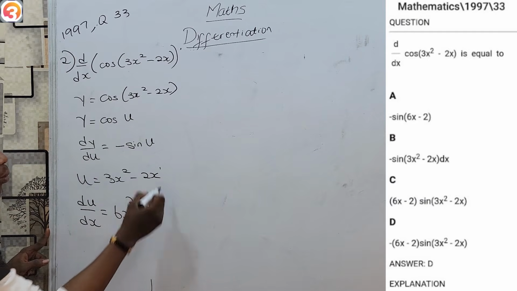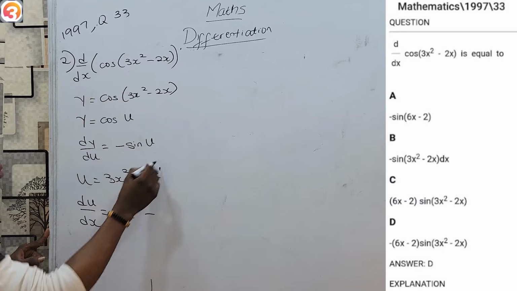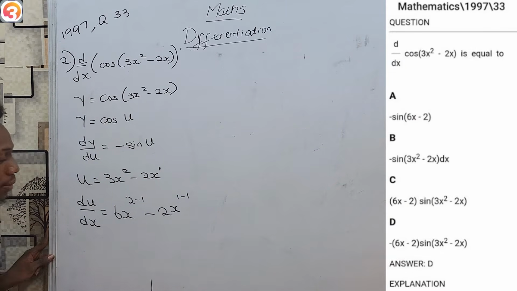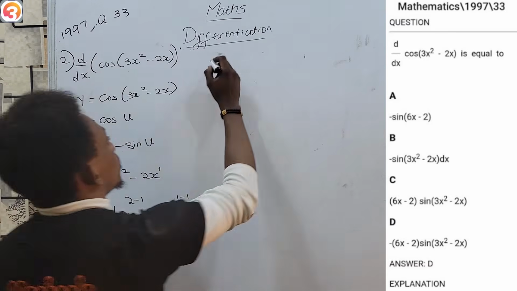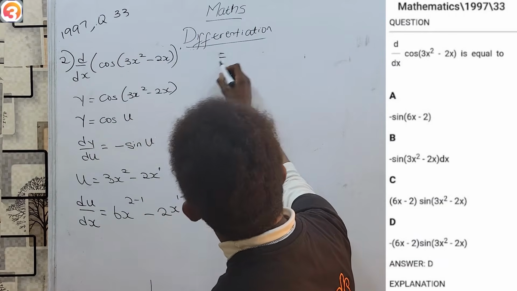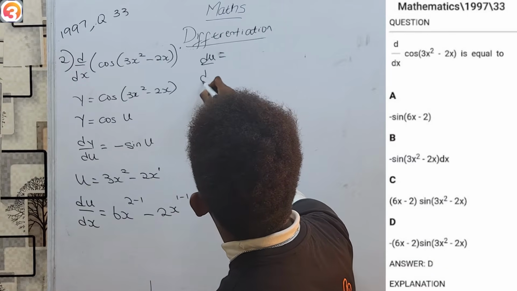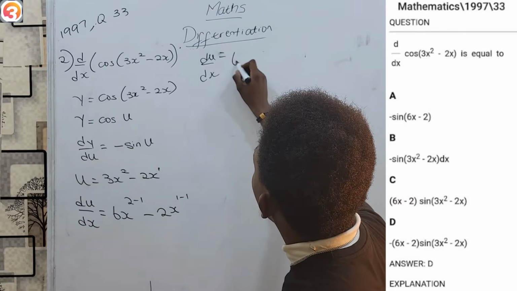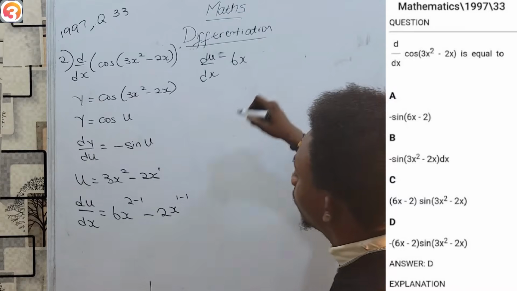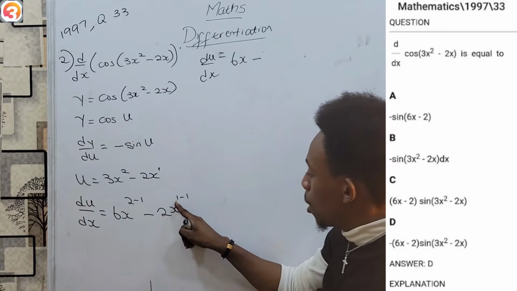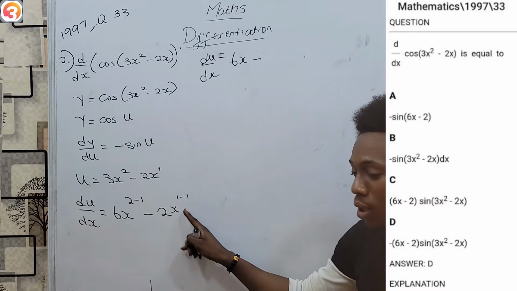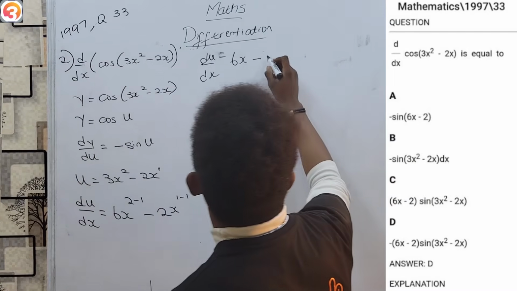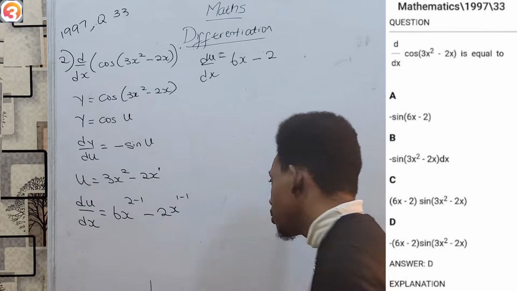Minus, there's an invisible 1 here. 2 times 1 is 2. x remains, then 1 minus 1 is 0. x to the power 0 must be 1, and 2 times 1 is 2. So this is still du/dx that I'm dealing with: 6x − 2.